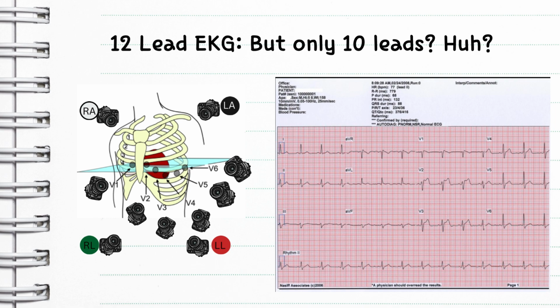So the reason you only need 10 electrodes to create 12 leads is that the ECG machine is mathematically combining the information and the signals from the 4 limb electrodes to generate 6 views on the paper, if that makes sense, okay? The chest electrodes directly produce the 6 precordial leads, but this approach allows for a detailed, comprehensive view of the heart and its electrical activity without requiring 12 separate physical connections to the patient.